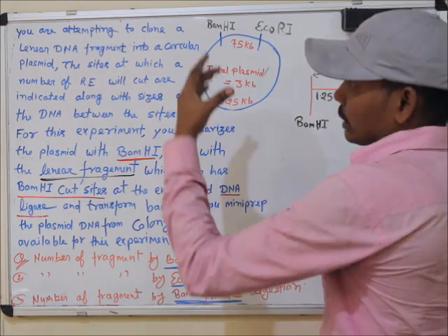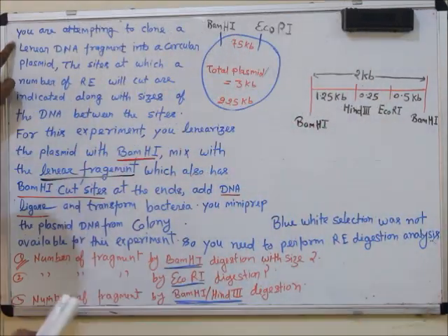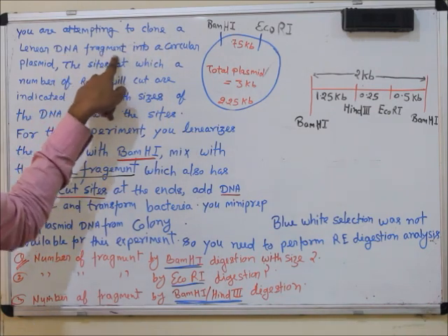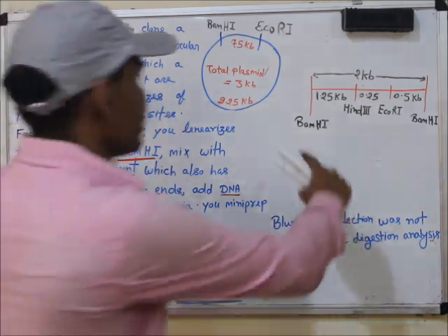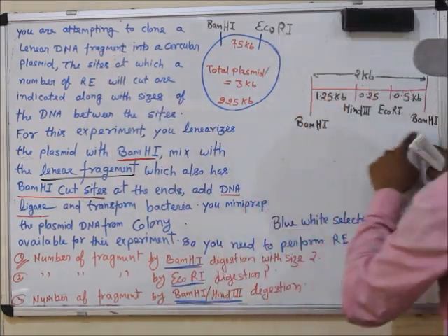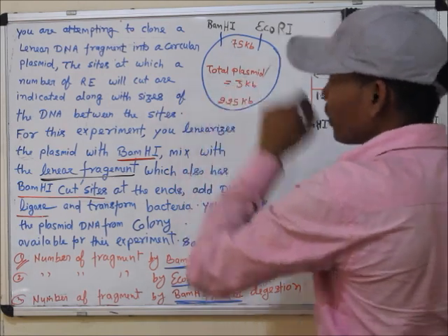So the question says you are attempting to clone a linear DNA fragment. You want to clone this linear fragment into the plasmid of the bacteria.